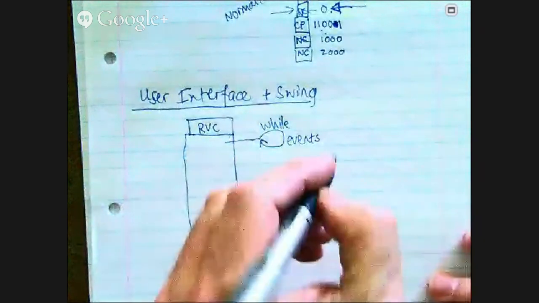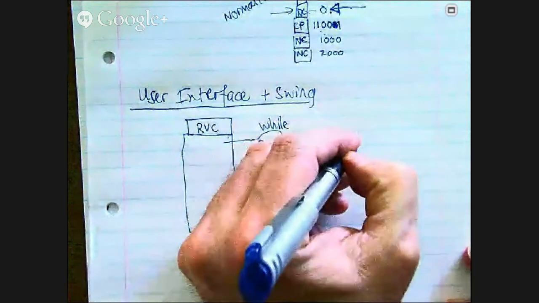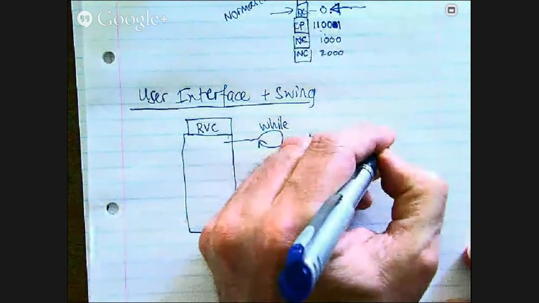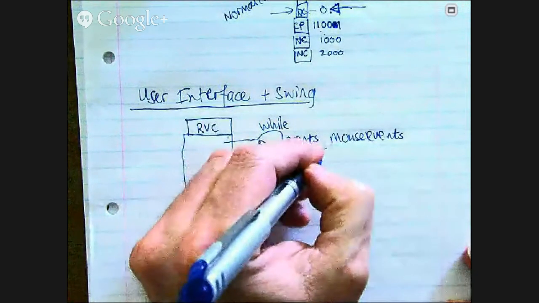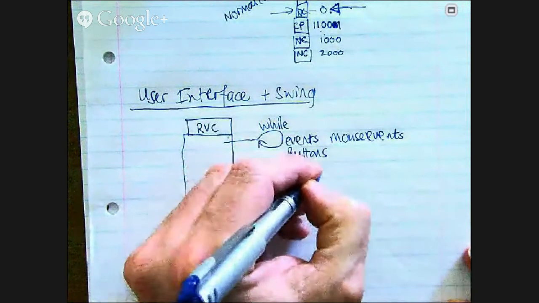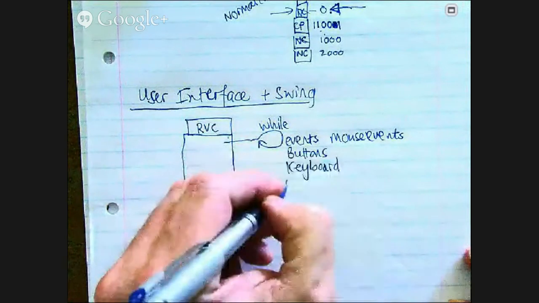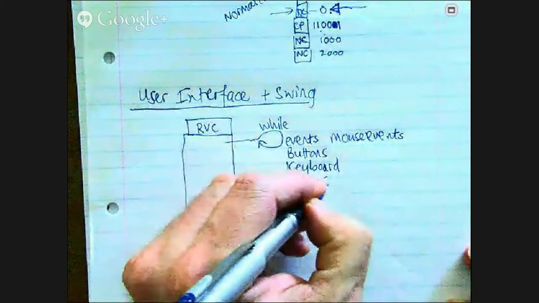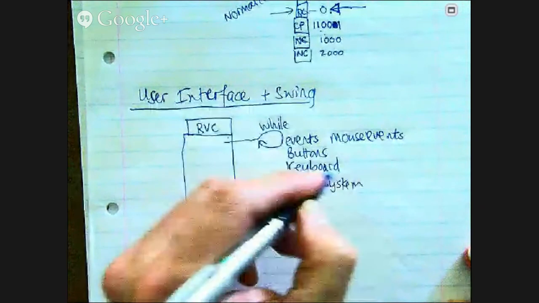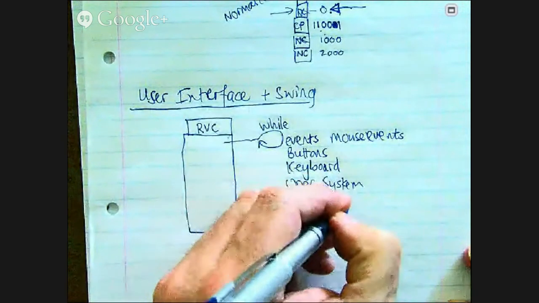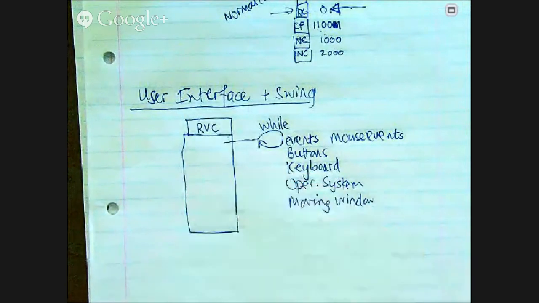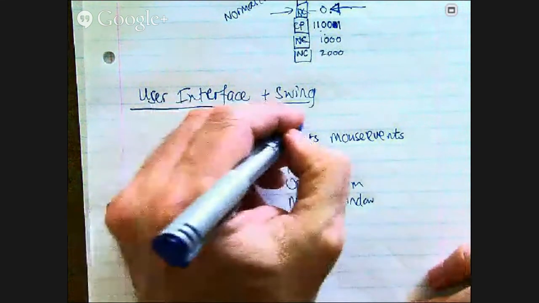It can be a mouse event, or buttons being clicked, something typed on the keyboard, the operating system shutting down, the user moving a window or resizing a window. There's a whole lot of events that can happen that Swing will manage for me.